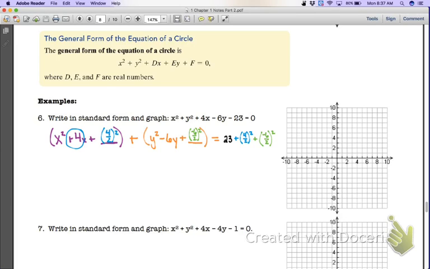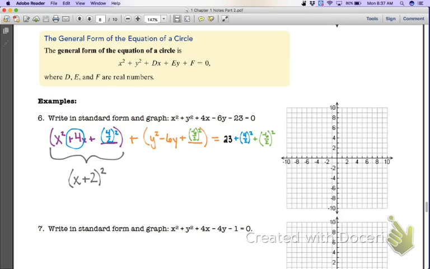Now, what I would show my Algebra 2 kids, for those of you that had me, is that I would kind of shortcut this part right here. What's 4 divided by 2? 2. So I'm just going to take this and go x plus 2 quantity squared.